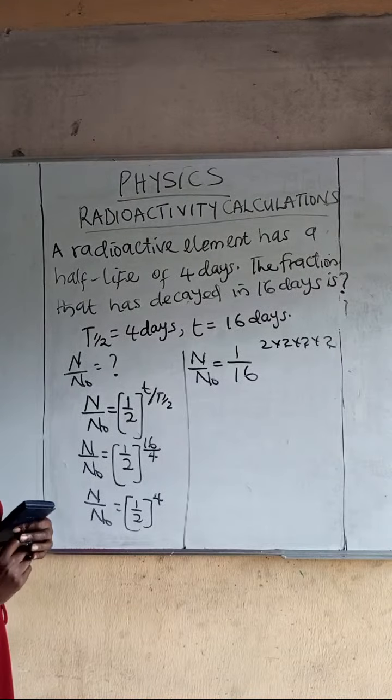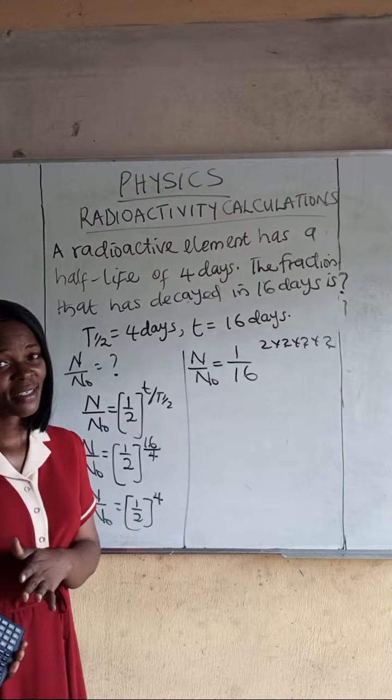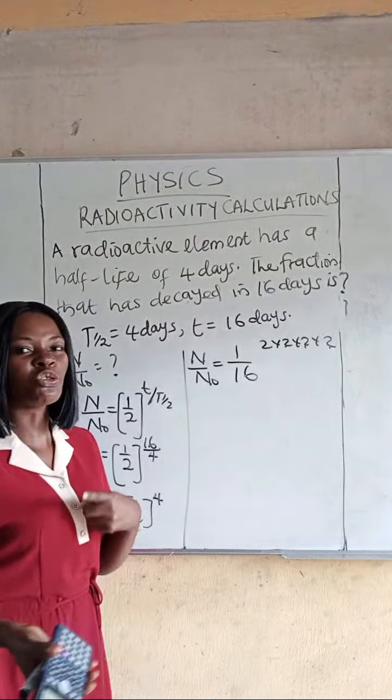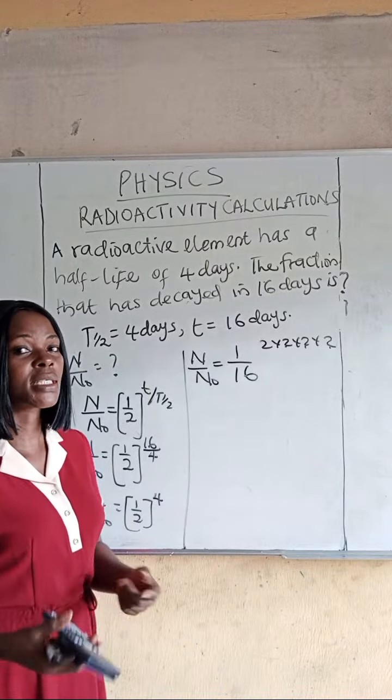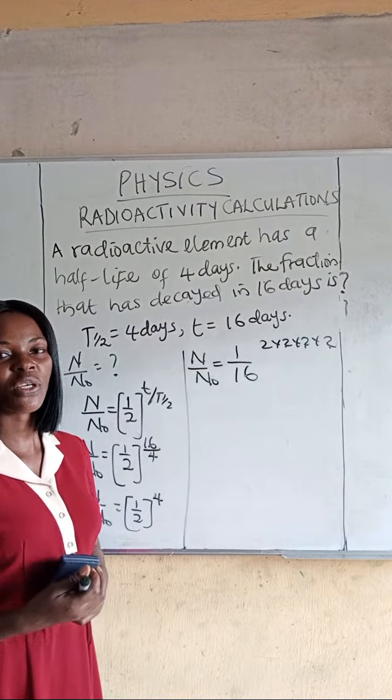Now, this fraction we have gotten is not the fraction that decayed. This is the fraction that is remaining. So we need to get the fraction that has decayed. And because it's a fraction, how do we get the fraction that has decayed?